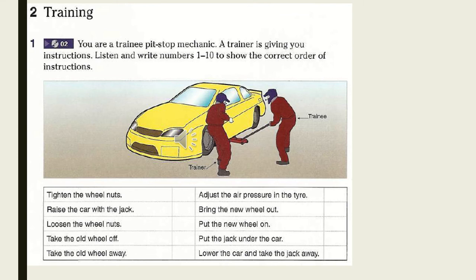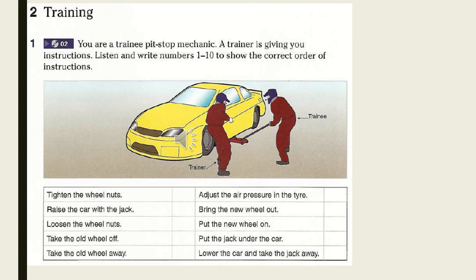Right, I've done it. Good. Now, before you start lifting up the car, you must loosen the wheel nuts a bit. So get your wheel gun and loosen the nuts. Done that? Yeah, done it.